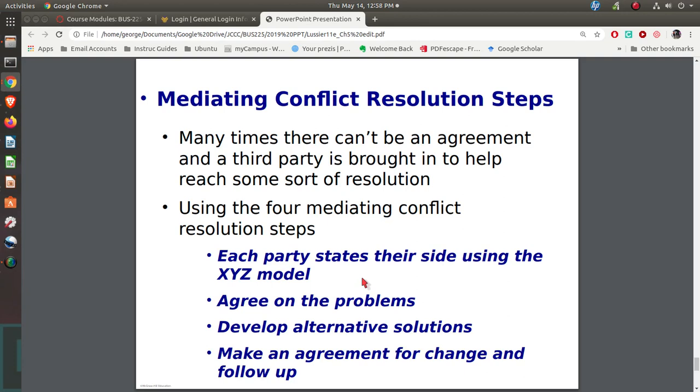So, for example, if you and I have a conflict, I get to express my point of view, you don't interrupt, and then you have to repeat back or summarize my position and my situation. Then I have to listen to you, and you express your point of view, and I need to be able to express it back to you to your satisfaction. You agree on the problems, find different solutions, and then make an agreement.